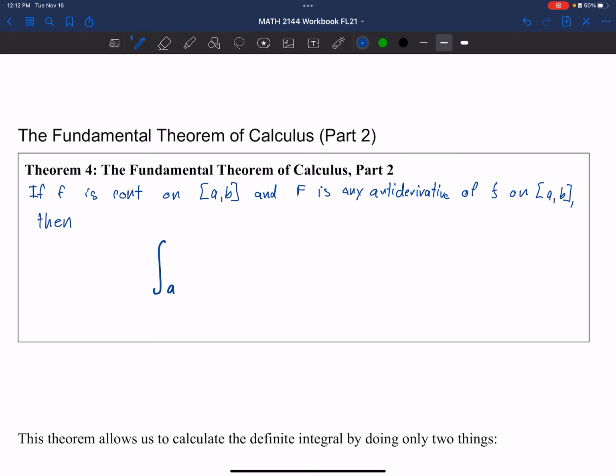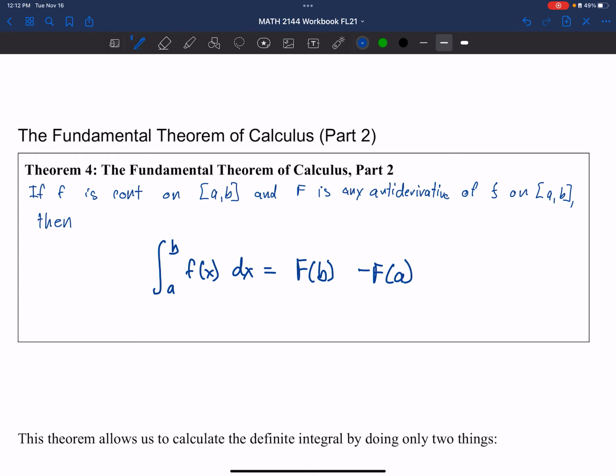The integral from a to b of f of x dx is capital F of b minus capital F of lowercase a.